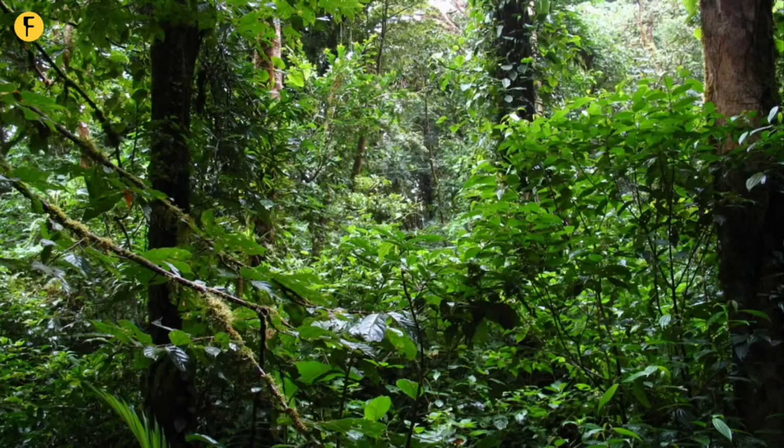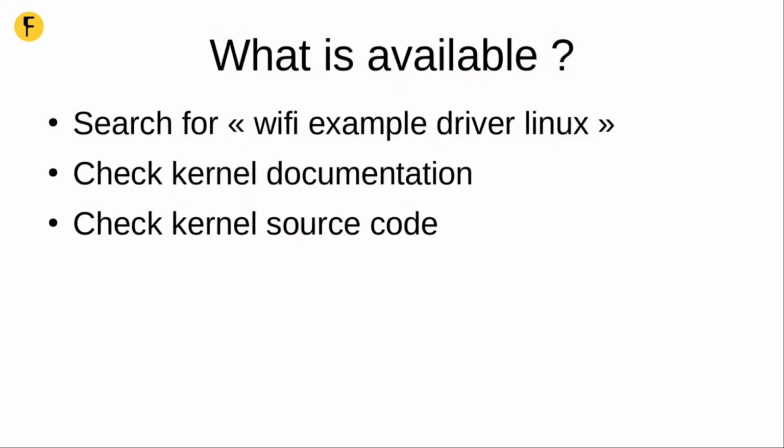So first, let's have a look at what we can find around the place when we start a Wi-Fi driver. Most of you will start with an online search about an example driver. I would do that too. It's always interesting to find out what shows up.